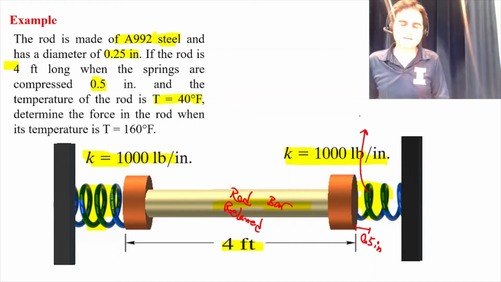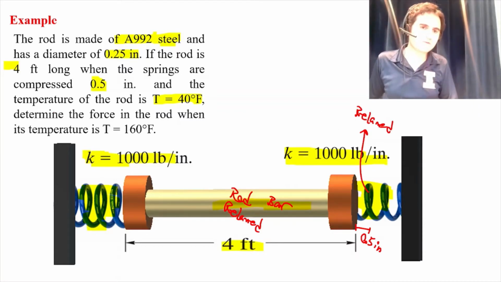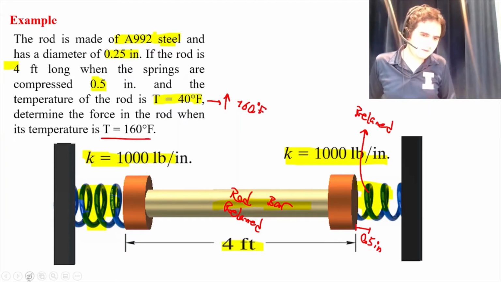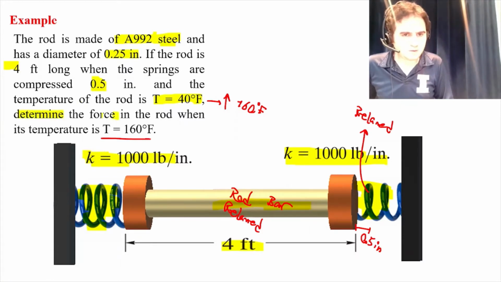So the spring is not relaxed even at the initial condition. Then we raise the temperature from 40 to 160 degrees Fahrenheit.